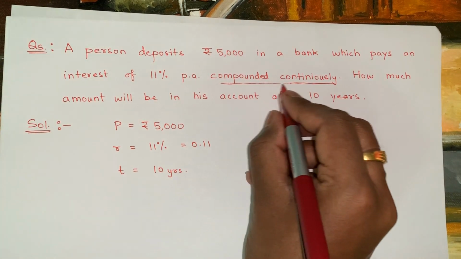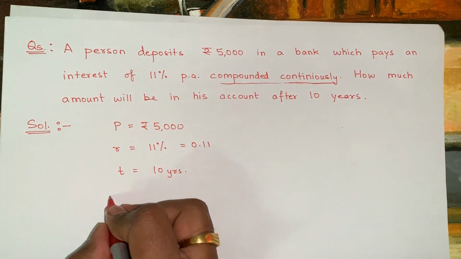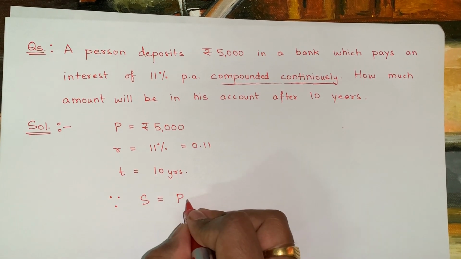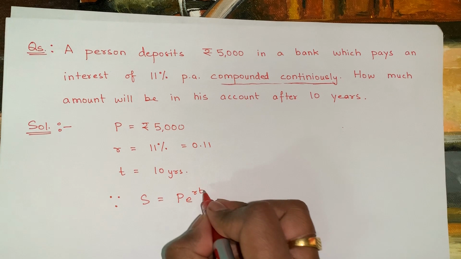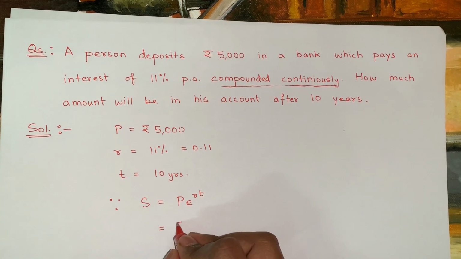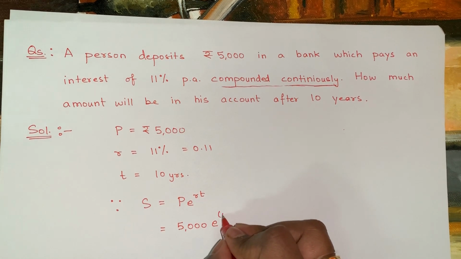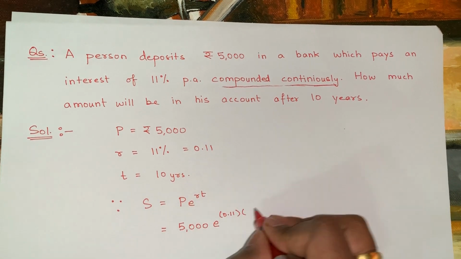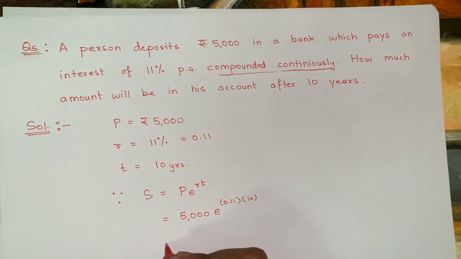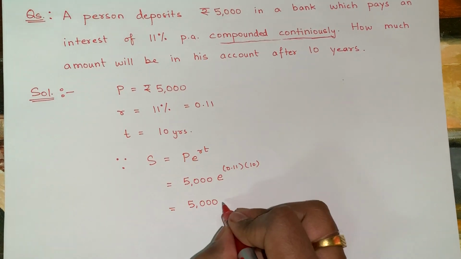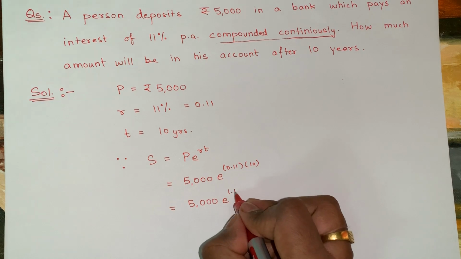Since the interest is being compounded continuously, the formula for amount becomes A equals P e to the power RT, which makes it 5,000 e to the power 0.11 times 10, that is 5,000 exponential 1.1.